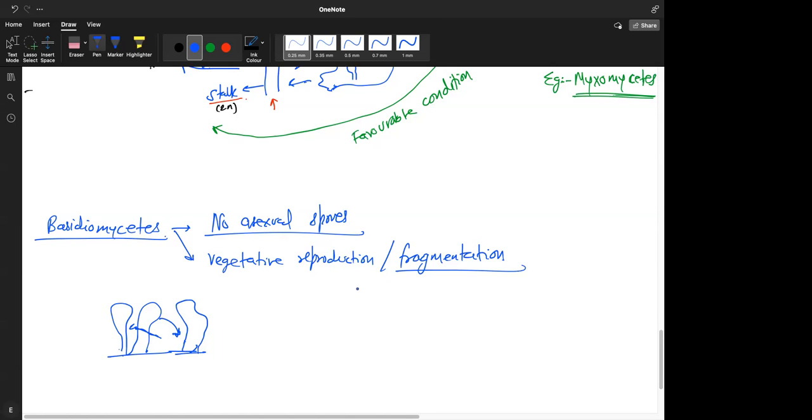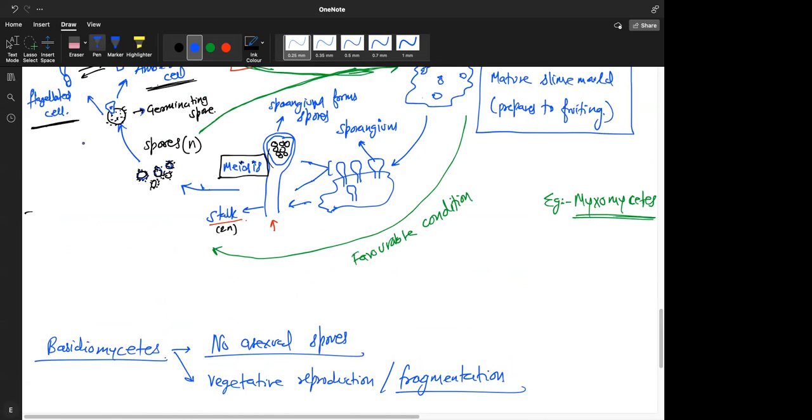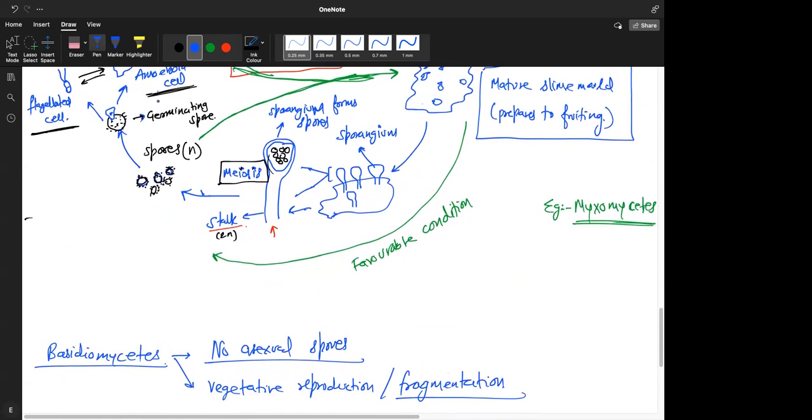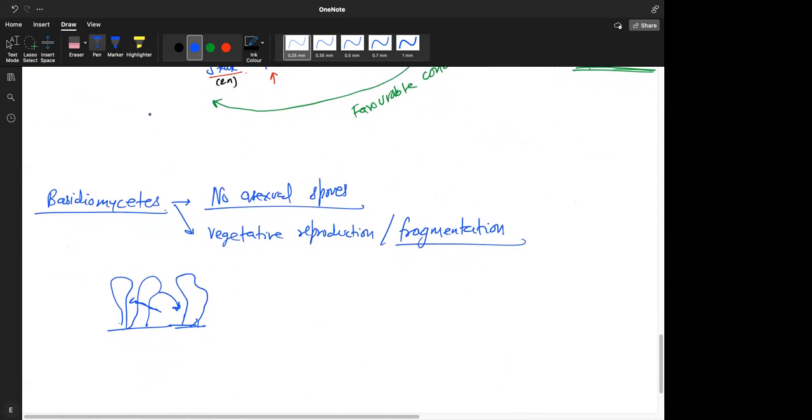So they do not have sex organs, like they do not produce cells differently like a flagellated cell or amoeboid cell. But what they can do is they can fuse their plasmogamy. This is the word. So one is this. The second is they reproduce through, write down, plasmogamy.